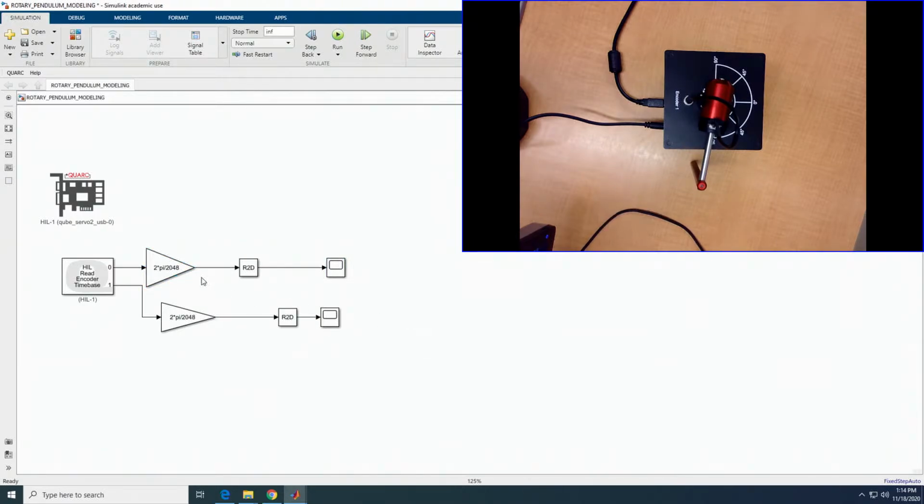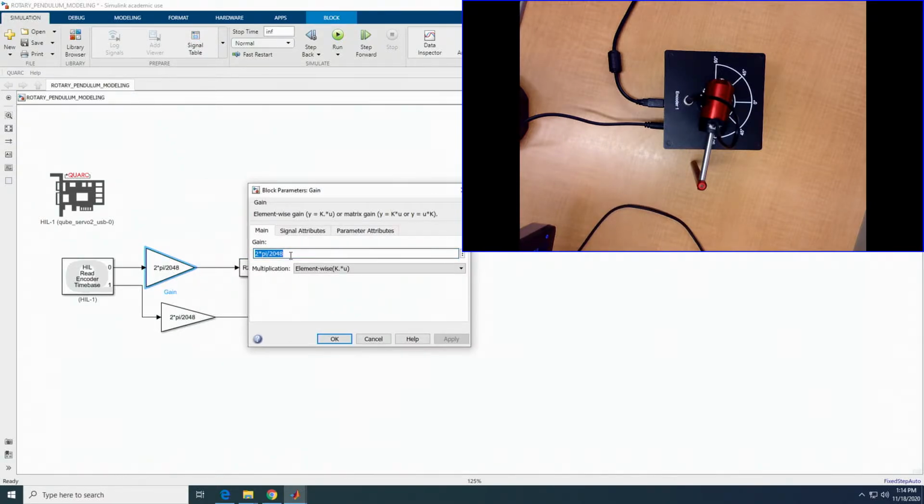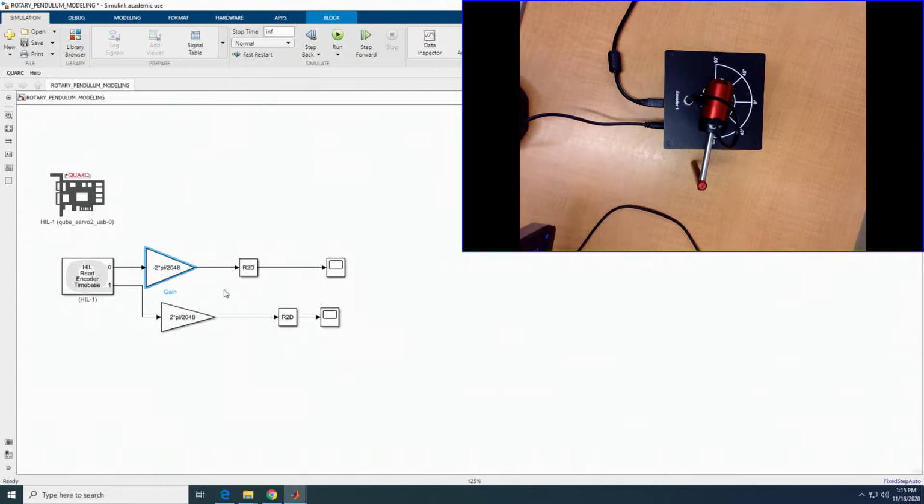So in order to make sure that the readings from the arm will have a counterclockwise positive value, I'm just going to multiply the value of the gain for the arm readings by -1. And in order to adjust the readings of the pendulum, I'm going to use 2 new blocks. The first one is the mod block, and the second one is a bias.